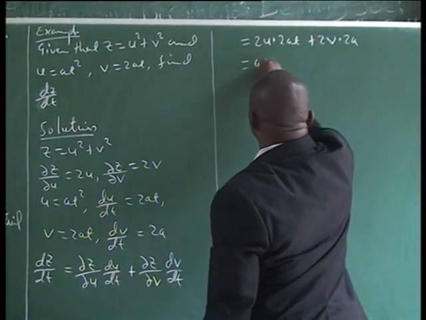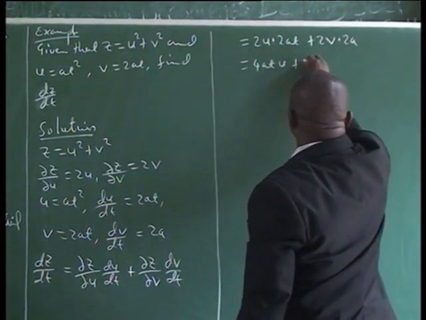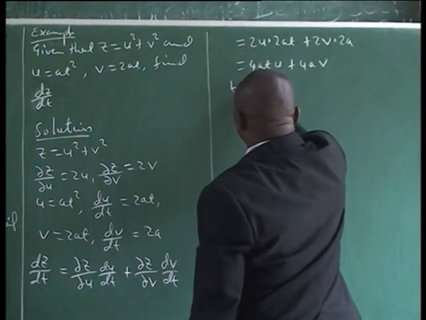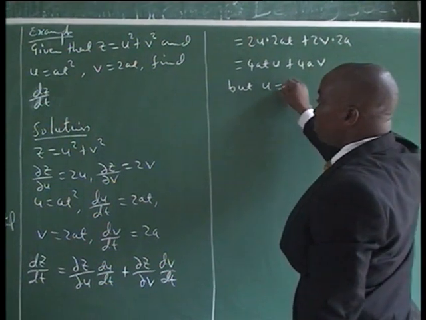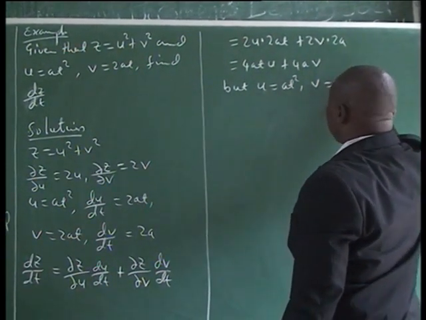So we have 32tu plus 16v. Okay, but u is equal to 8t squared and v is 8t.